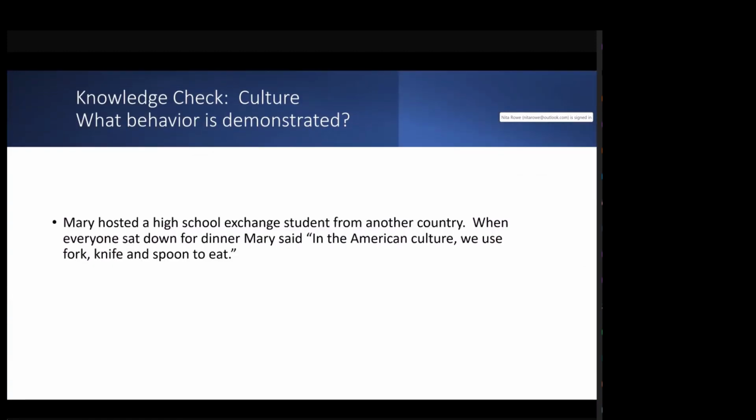Next one. Mary hosted a high school exchange student from another country. When everyone sat down for dinner, Mary said, "In the American culture, we use fork, knife, and spoon to eat." Is this an example of stereotyping, or is it ethnocentrism?